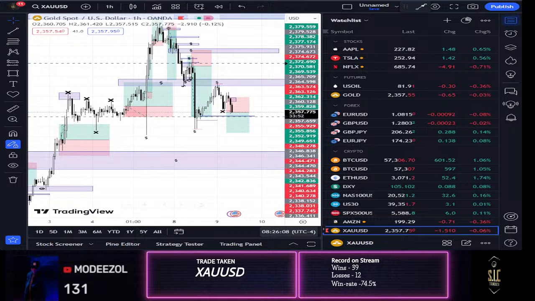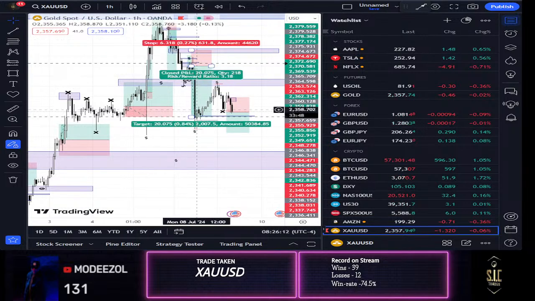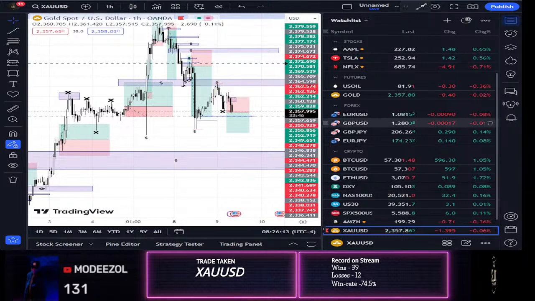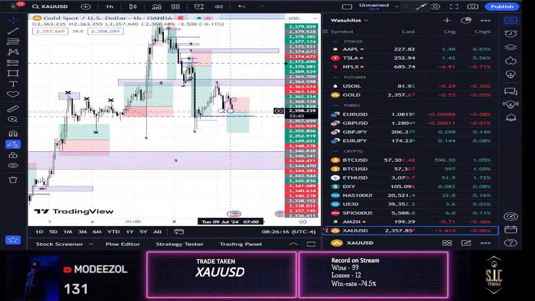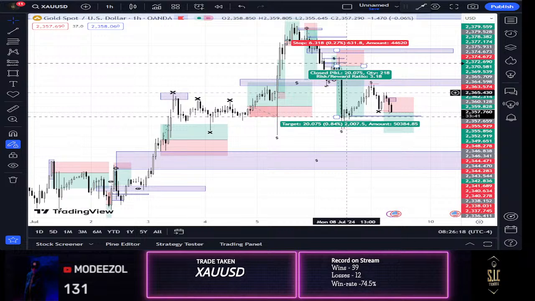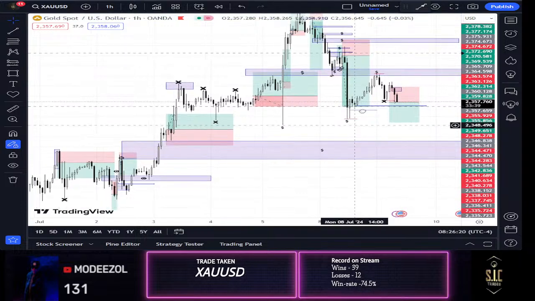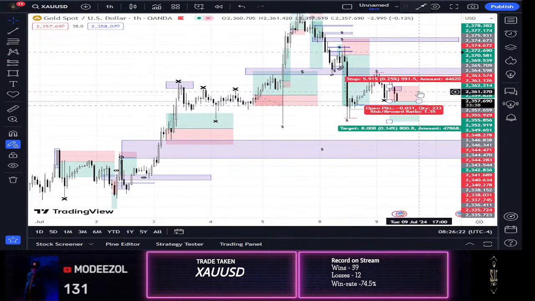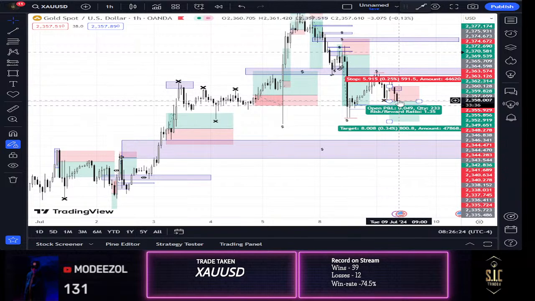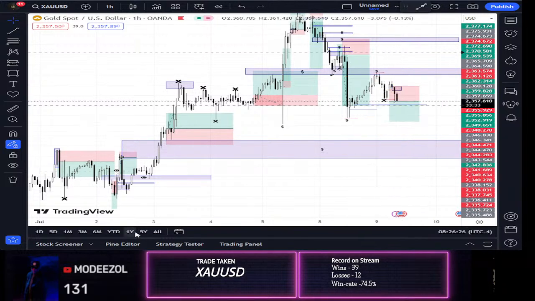So due to, we got some serious momentum to the downside, and she is proving to us that she does want to move lower. So that's the mind that I'm going to go with, and I'm going to enter here at 23.58. So let's just go ahead and do that.